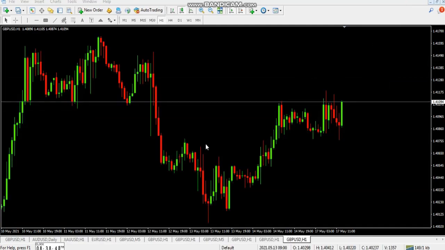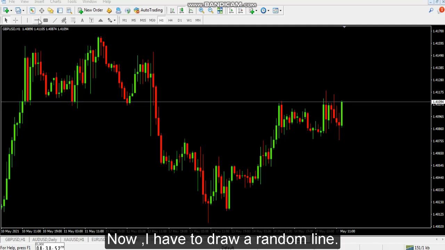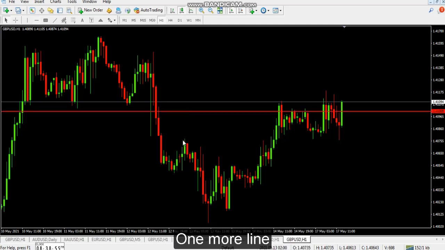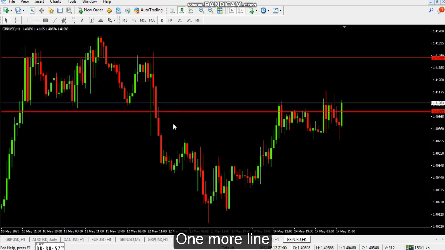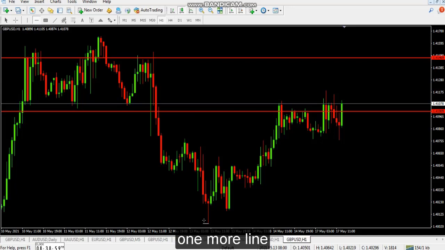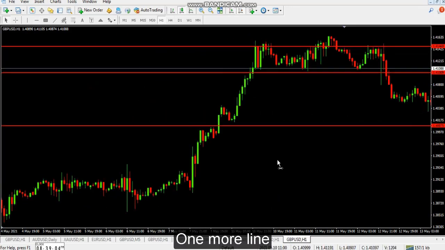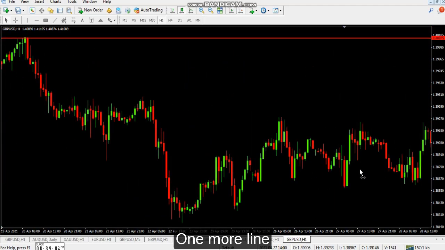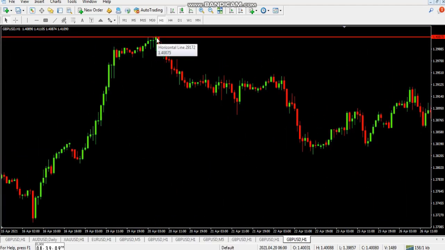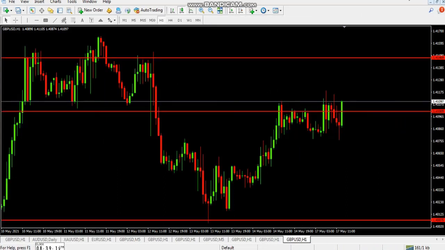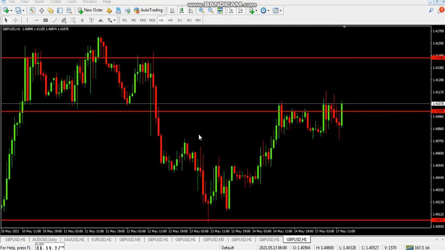Now I will draw a random line. One more line. One more line. One more line. You see how these three lines all have the similarity of being support and resistance.